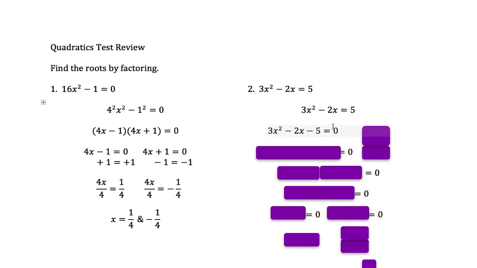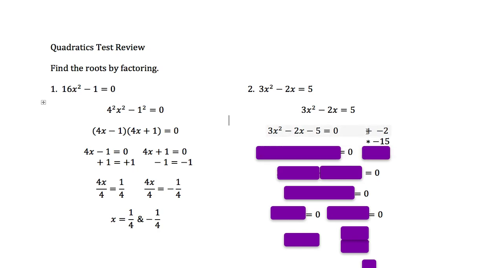And then we need to go ahead and factor this by grouping. And so what we need is two numbers that add together to get negative 2 and multiply together to get negative 15. The reason why we're doing negative 15 is because of your leading coefficient here. This 3 tells us that, so the 3 times negative 5 gives us negative 15.